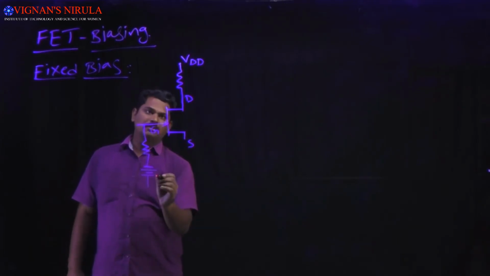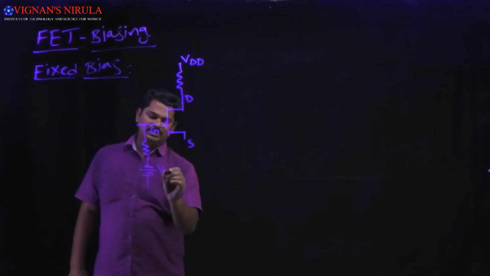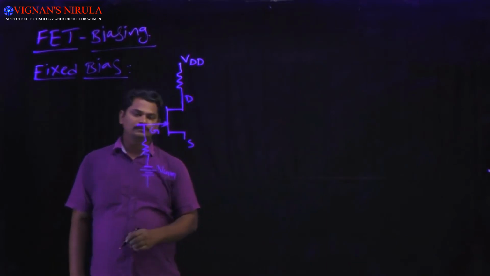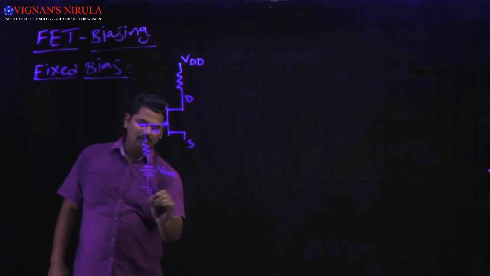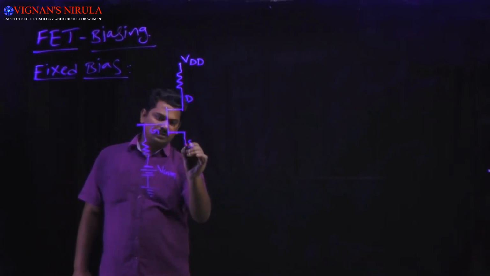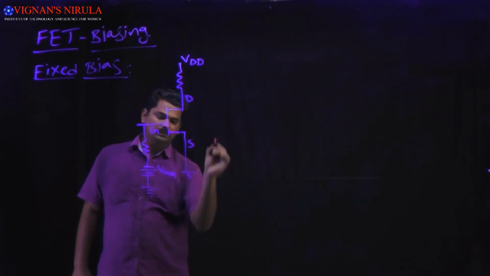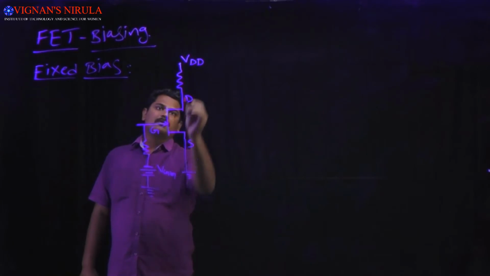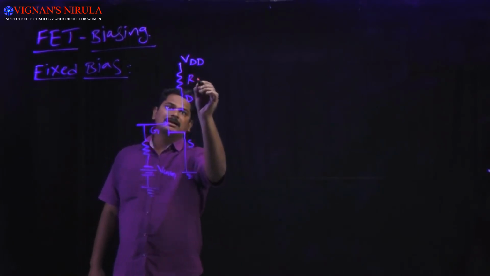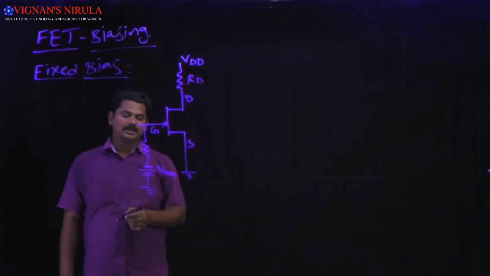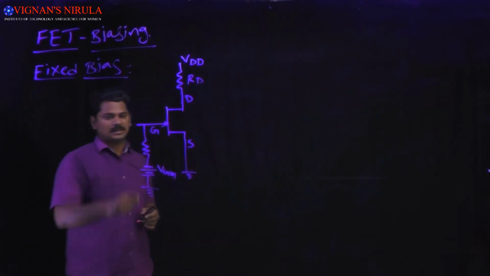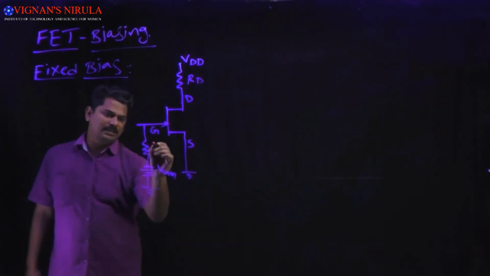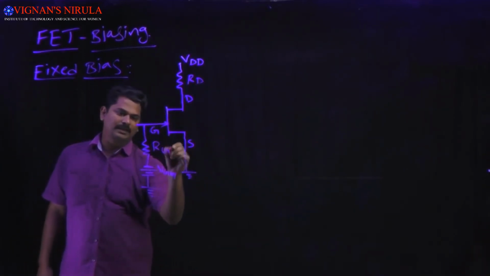We will call it VGG, and this is connected to ground. Similarly, the source is also connected to ground. The name for this resistor is the drain resistor, represented as RD, and the name for this resistor is RG, that is the gate resistor.